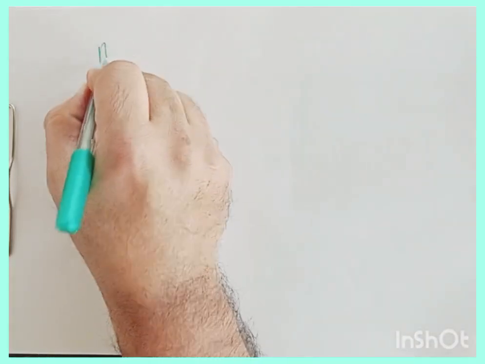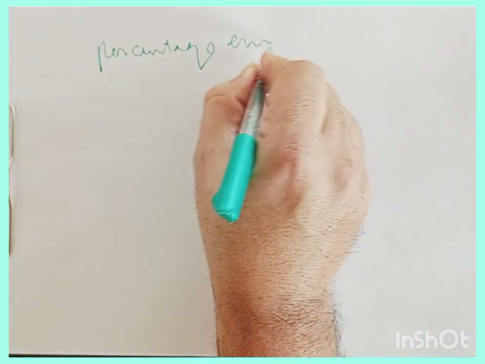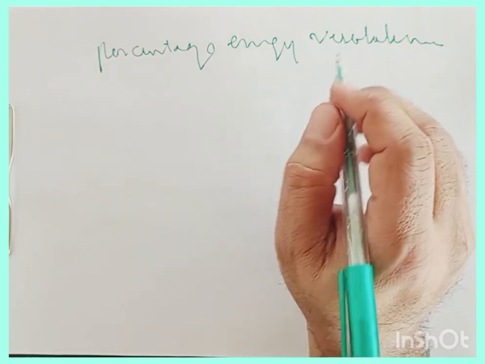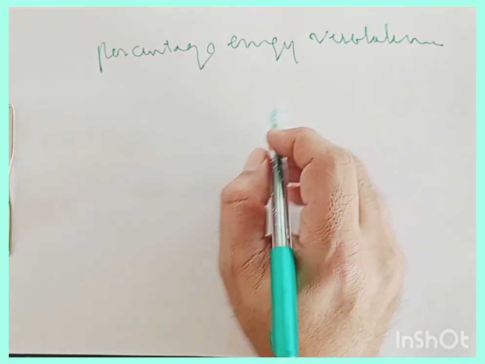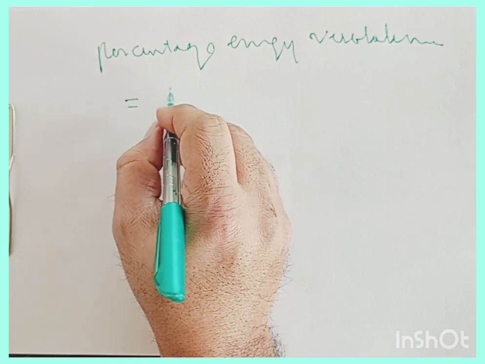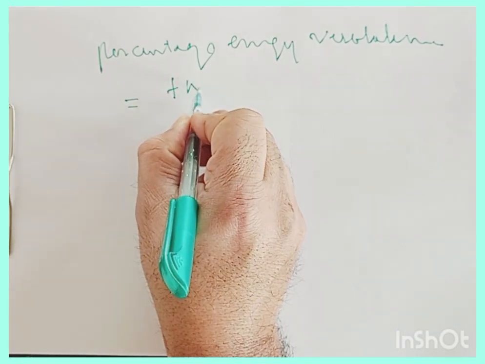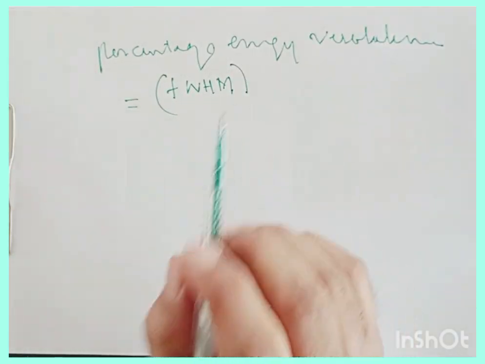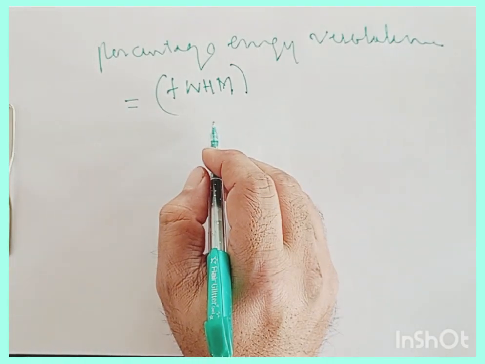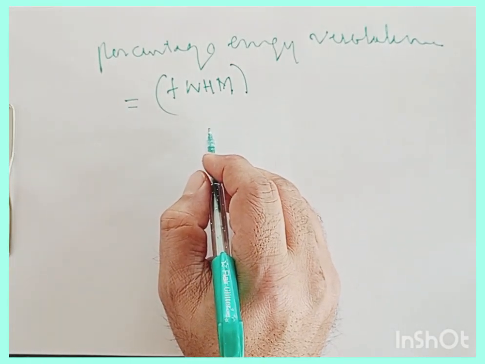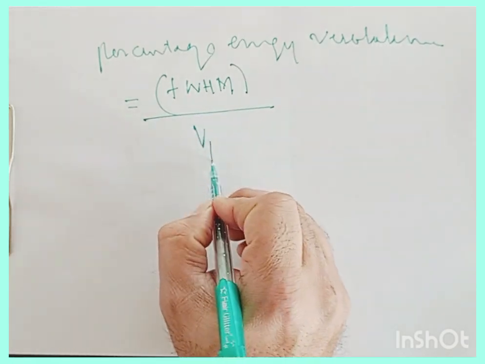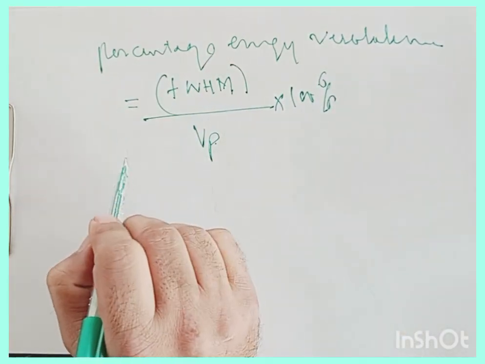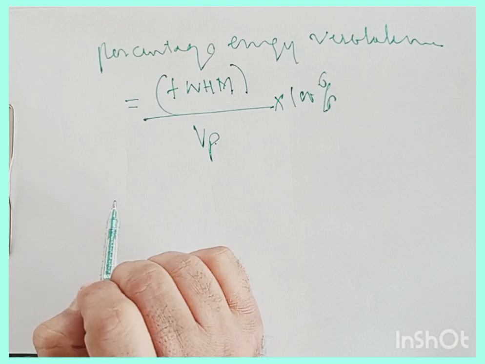This percentage energy resolution is defined as the ratio of the full width at half maximum of the peak to the corresponding pulse height, say Vp, times 100%. So what this gives us is a measure of energy resolution.